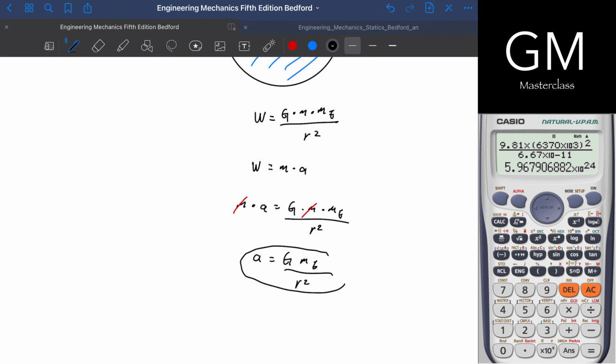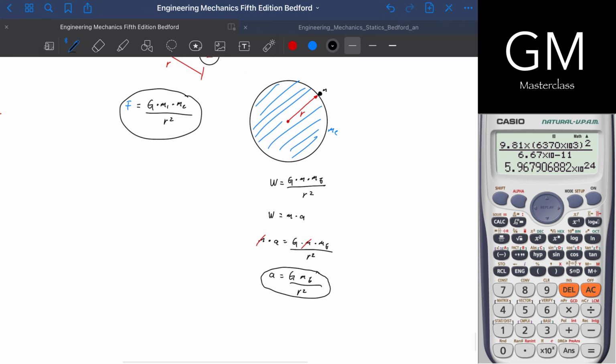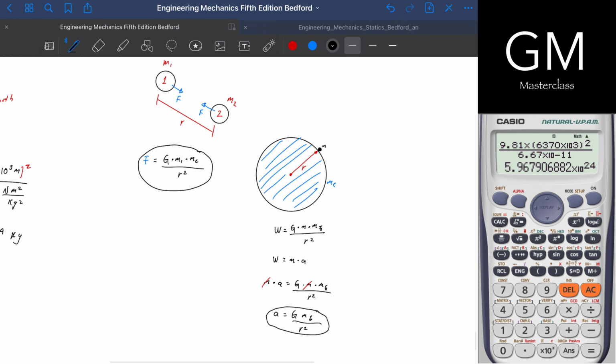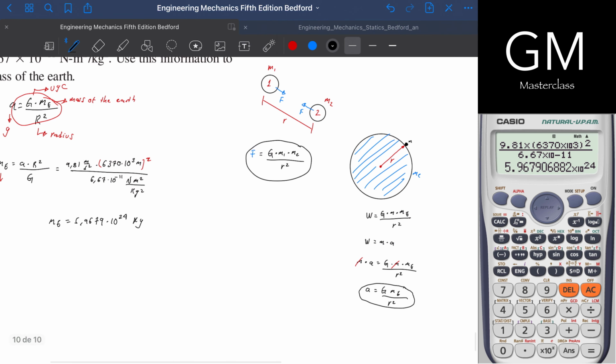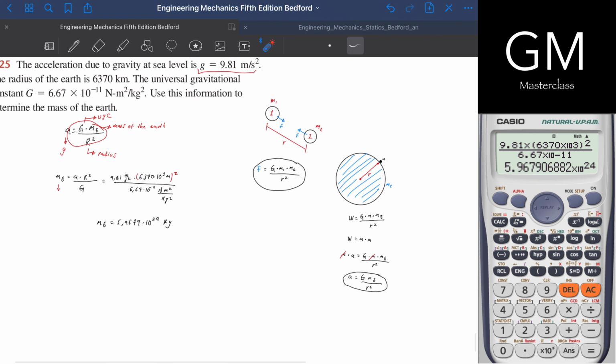This is the acceleration that the object will experience. Alright, and this is how we get to the equation that I've solved before. Which is this one.